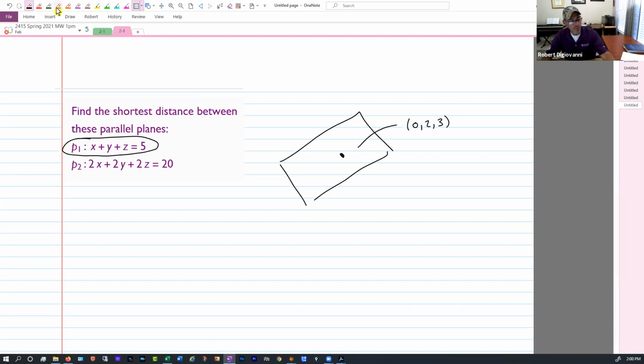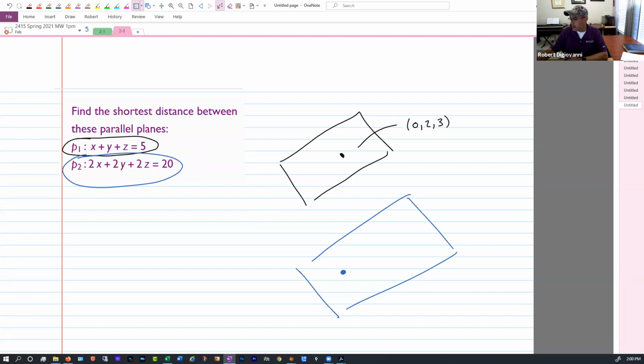All right, now on the other plane, I'm going to say that one's this one. I am again going to find a random point. And I'll let Donald give us whatever point Donald wants. We can do 1, 0, and 2. What do y'all think?